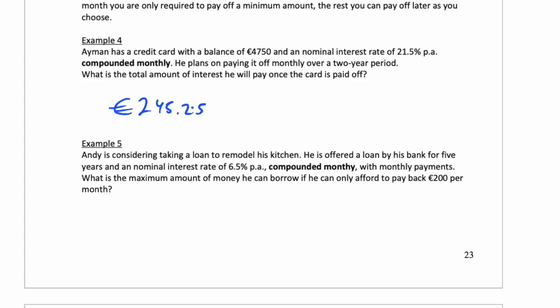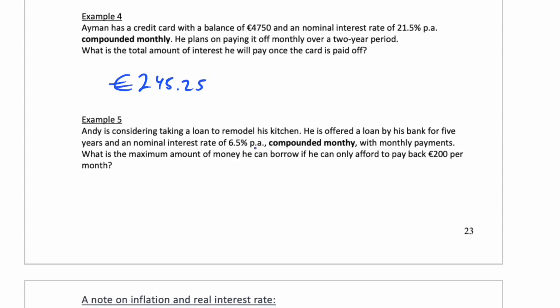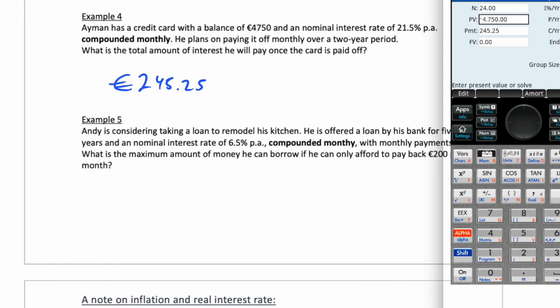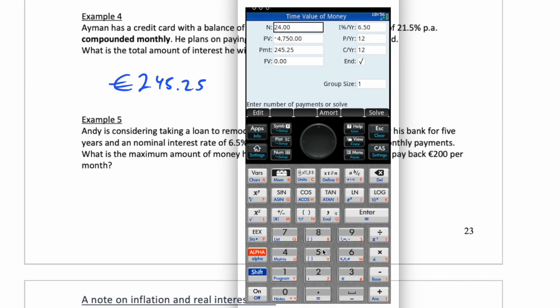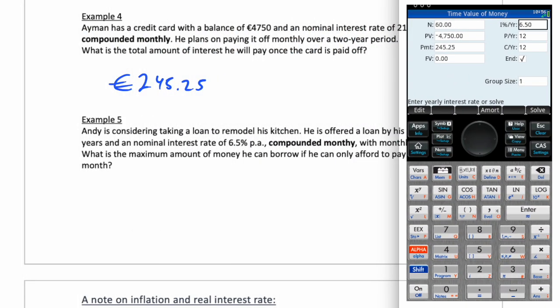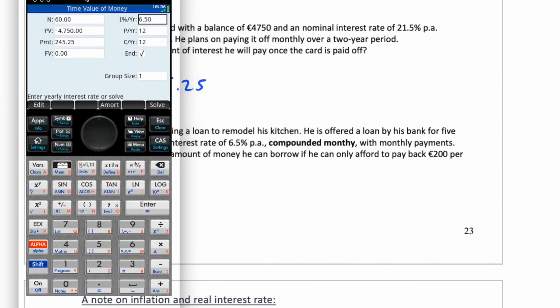245.25. Okay, example 5. Very similarly, we have an interest rate of 6.5, compounded monthly, so we're going to keep that as 12. 5 years, so we're going to do 5 times 12 here. Present value, let's see, with monthly payments, what's the maximum amount you can borrow if you can only afford to pay back €200 a month?